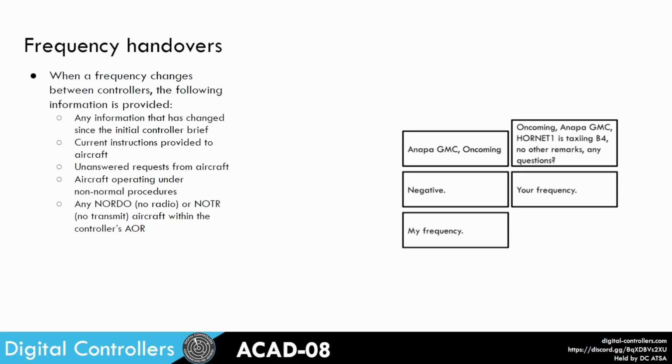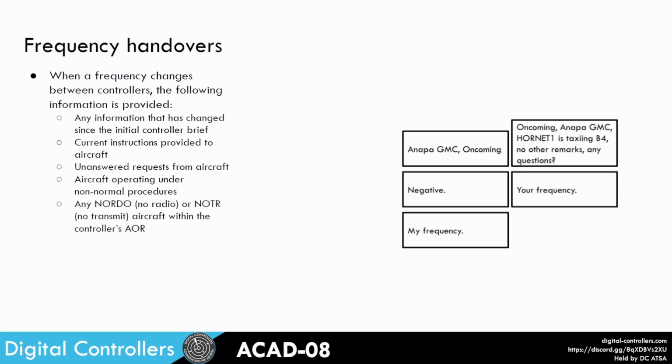And then in public servers especially, it's always a good idea to indicate any NORDO, which means the aircraft is operating without a radio, or no TR, which we call an aircraft which is not able to transmit but can receive, within the controller's area of responsibility.